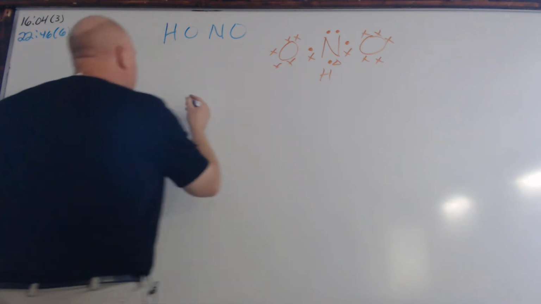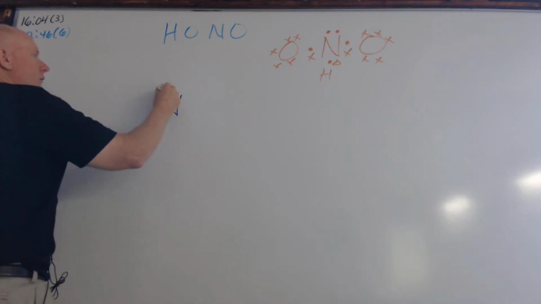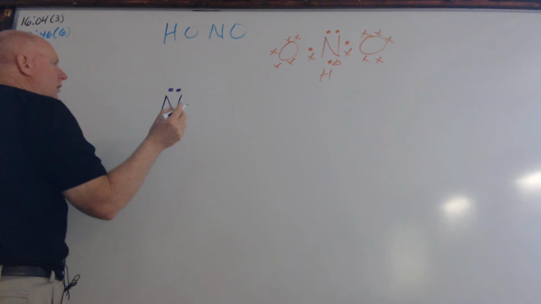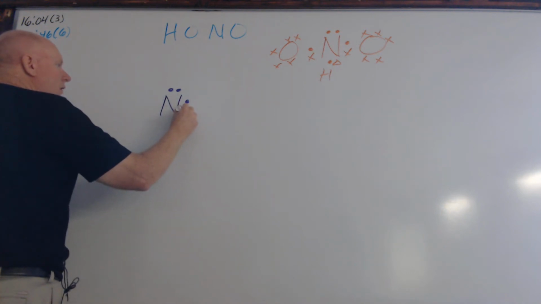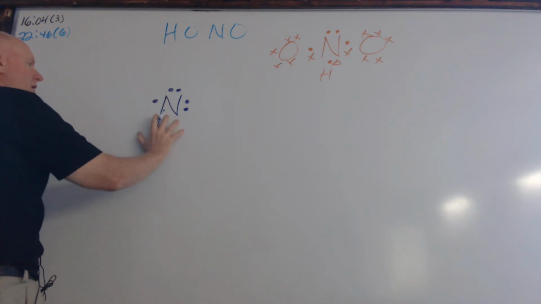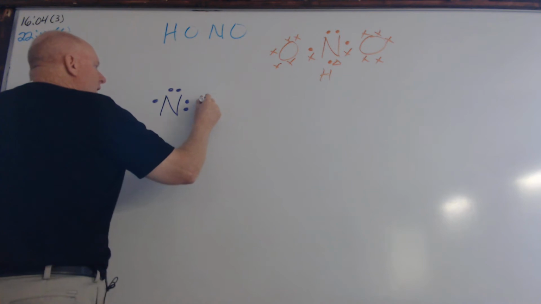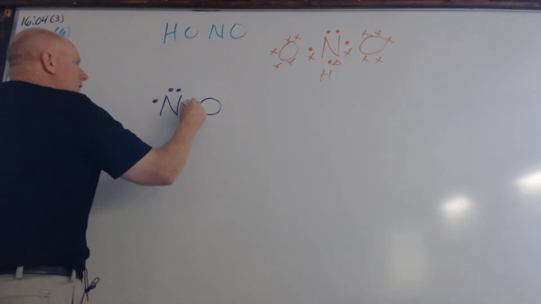So in this case, let's go ahead and try one. If we put 2 unshared pairs of electrons up here, there's 2, 3, 4, and then we'll put one over here, that's 5, because nitrogen's in column 5. We said we're going to try a double bond, so let's go ahead and do that.